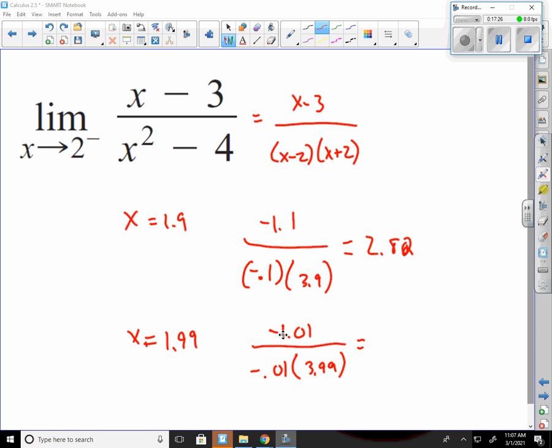So if I do it using what we like to call the correct way, this is going to give us 25.31. So it's going to be even higher, so this goes to infinity.